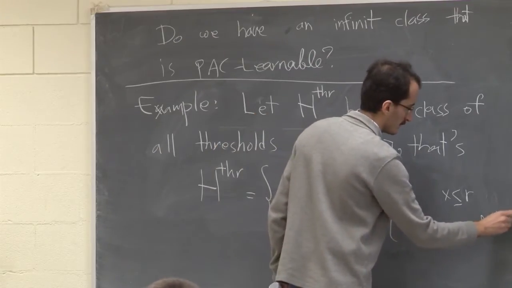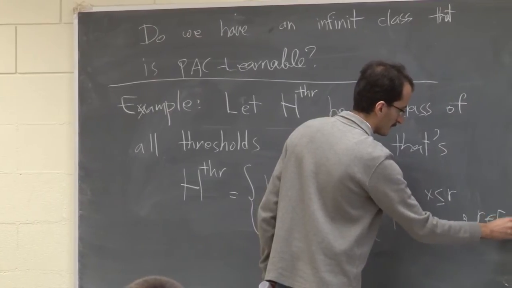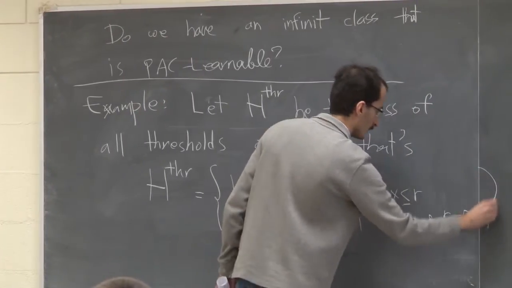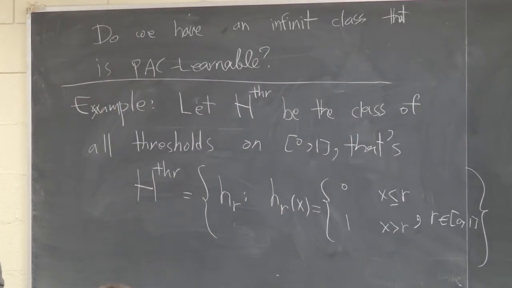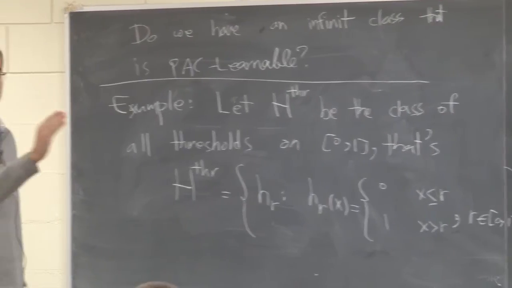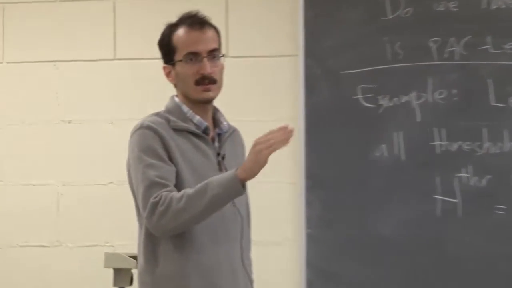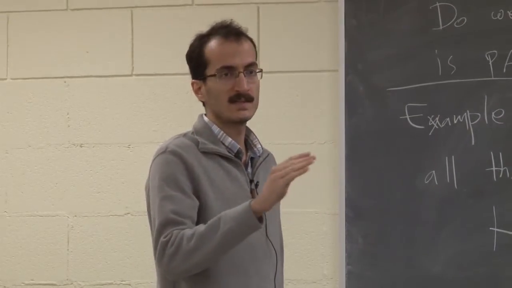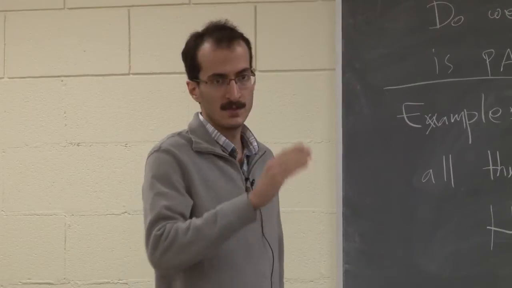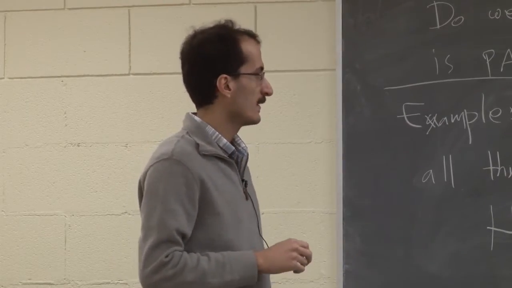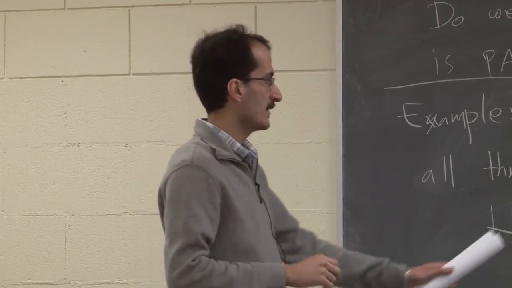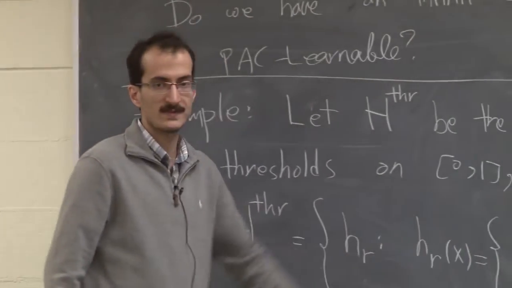And r is in [0, 1]. So they have one threshold. From 0 to that threshold, they output 0. They classify everything with label 0. After that, it's a 1. And it's infinite because we have infinitely many real numbers between 0 and 1.